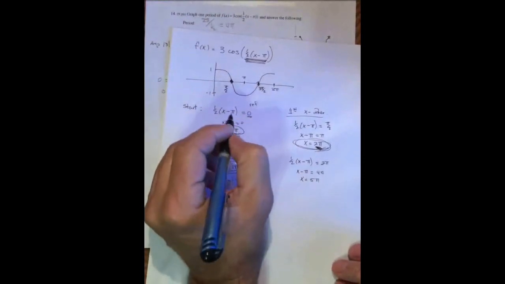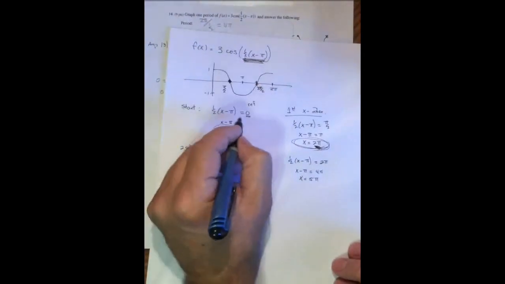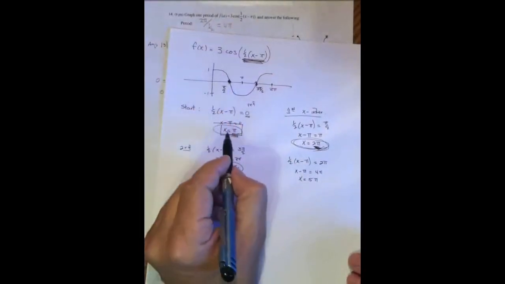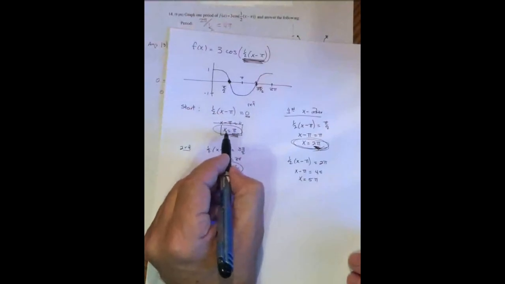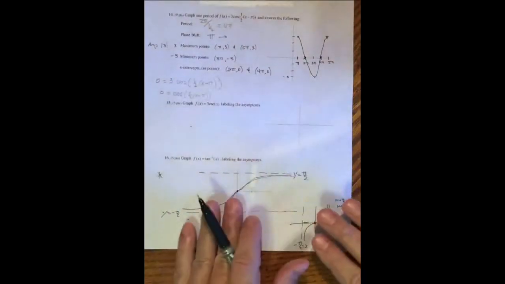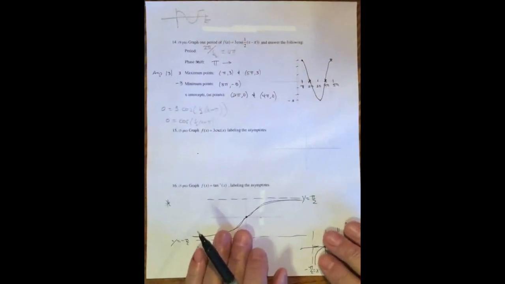The reference curve begins at 0. So I set this argument equal to 0, and this tells me where the curve starts. My new curve begins at pi, so the phase shift is pi units to the right. Cool, I think we got one more problem.